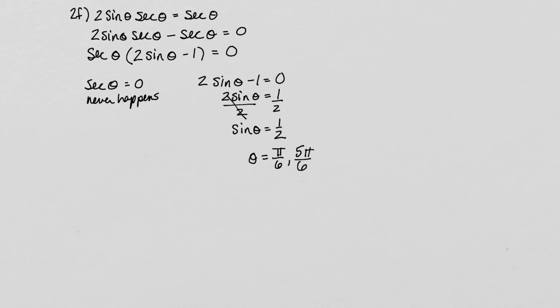Those are coming just off of the unit circle, right? So those are my 2 answers, pi over 6 and 5 pi over 6. And because I don't get any answers from that first piece, that is my total answer, right? So theta is pi over 6 or 5 pi over 6. Questions?